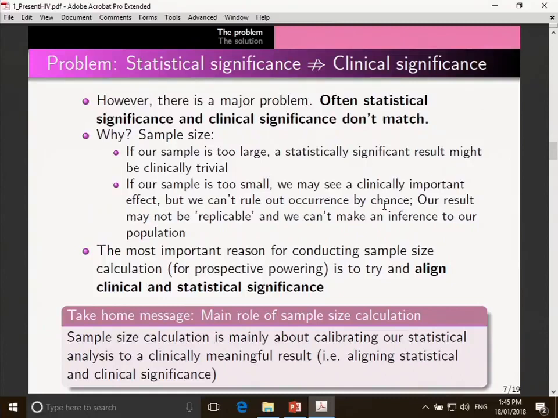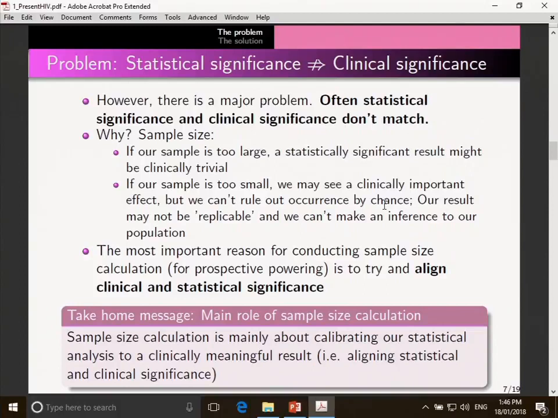If our sample is too large, we may see a statistically significant result that is not clinically important. It's clinically trivial. If our sample size is too small, we may see a clinically important effect, but we don't know whether it's going to hold for our population. It might just be in our sample. Okay, so it could be something we just dreamt or imagined.